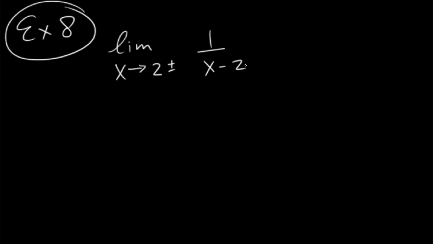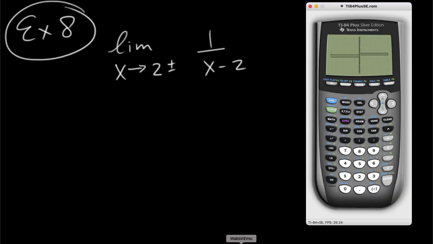Let's look at this graphically. We'll type 1 divided by x minus 2. I would definitely put that x minus 2 in parentheses. We're going to graph it. My window is left over from the previous problem and it's not ideal, so change that window.